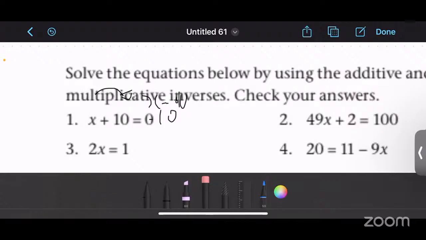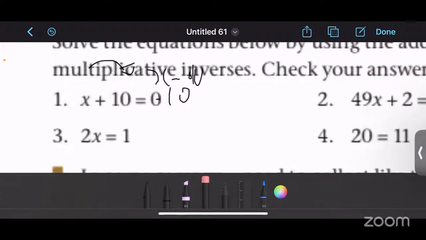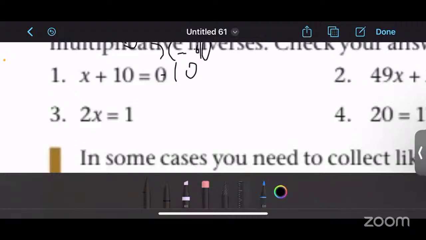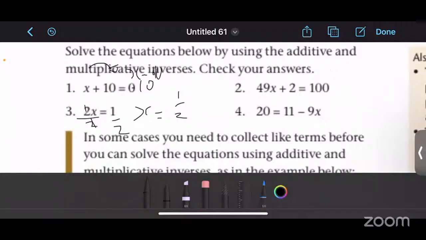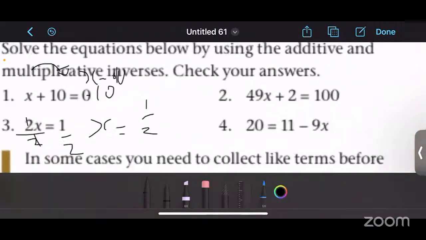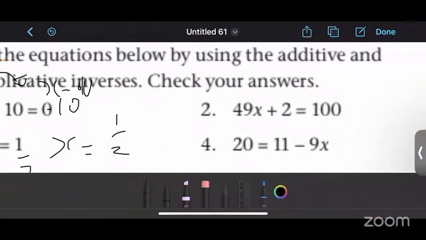I was so surprised. Okay, so you're saying we're going to divide the 2 with that and the 1 with that. So this will cancel, x is going to be equal to 1 out of 2, a half. Perfect. That's great. Now let's do number 2.